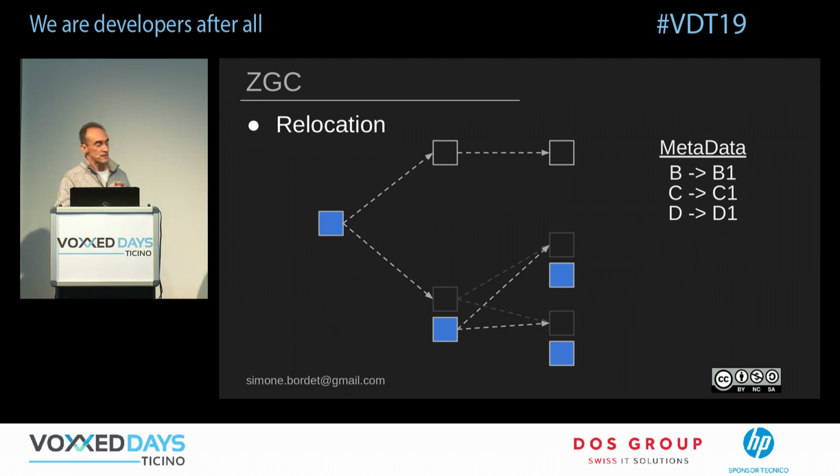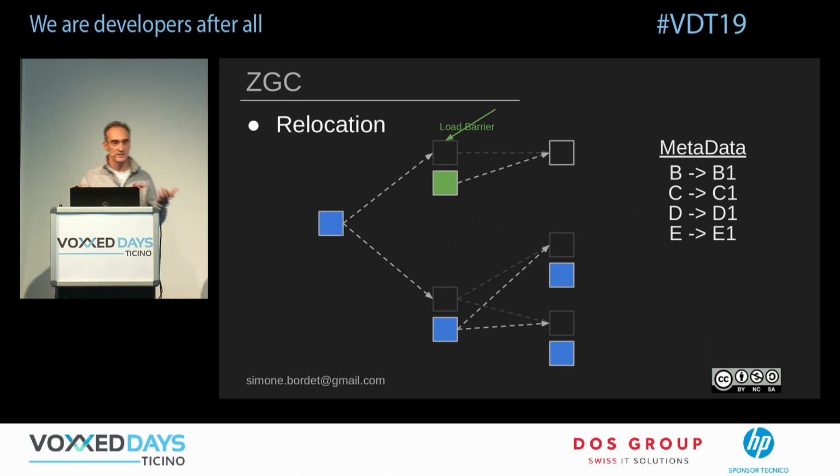Then the garbage collector says, okay, this subgraph is finished. I want to go up and do the other part of the graph, right? But before it does that, the application comes in and says, oh, but I want to access this object now. But because the garbage collector is running and doing things, there's a load barrier.